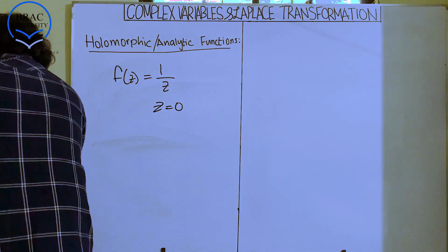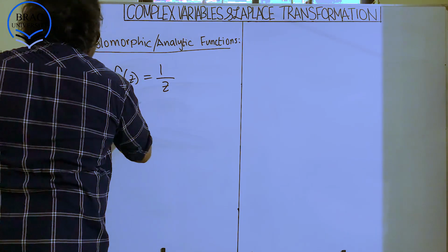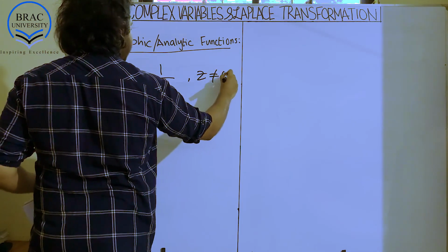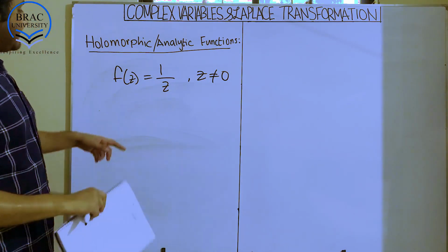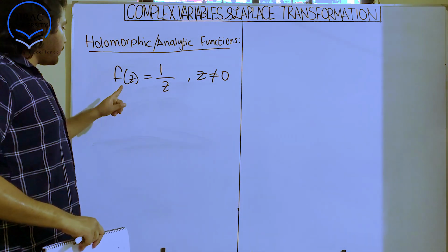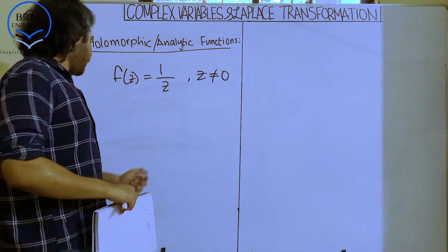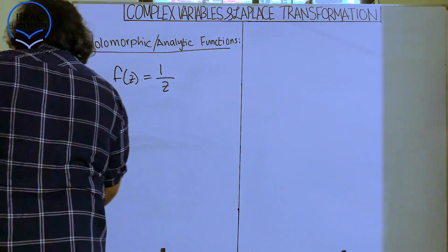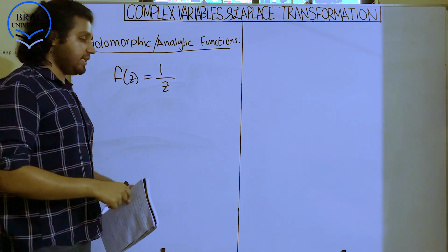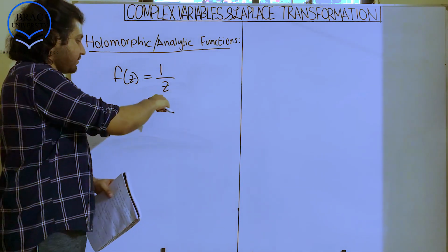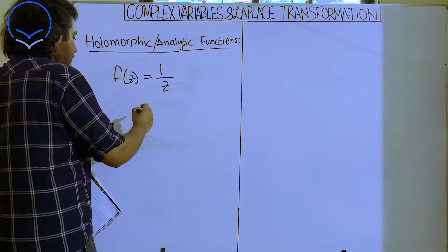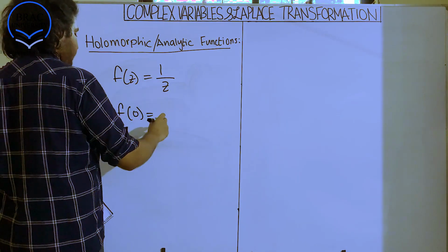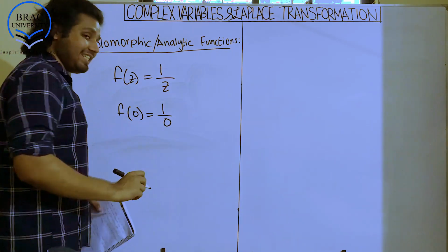As in, for the function to be fully analytic, we must have the condition that z cannot equal 0. If this condition isn't imposed, then the statement breaks down, as in f of z ceases to be analytic at z equals 0. Because, as you know, if you take f of 0 for this function, you get 1 over 0, which is undefined.